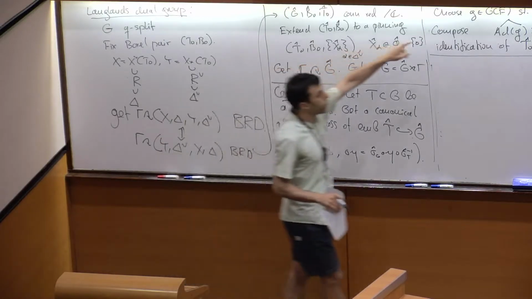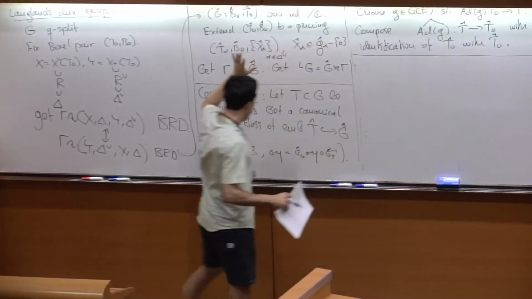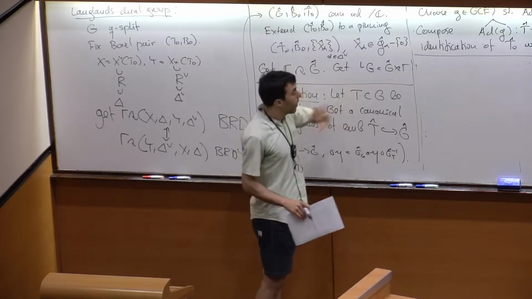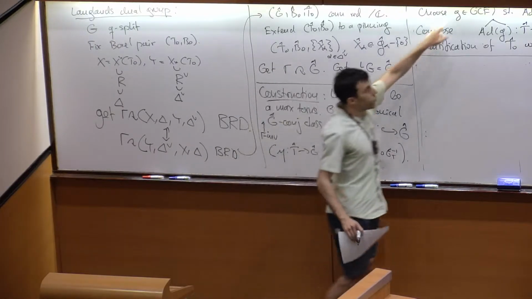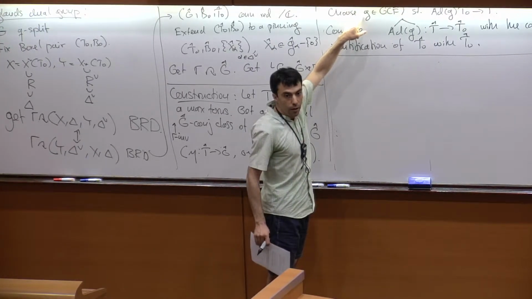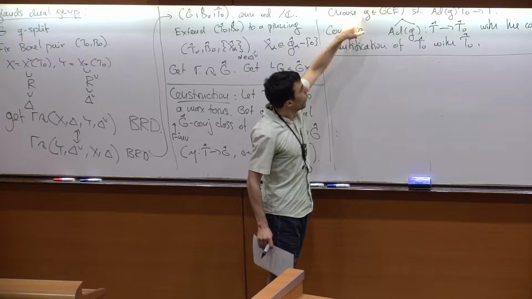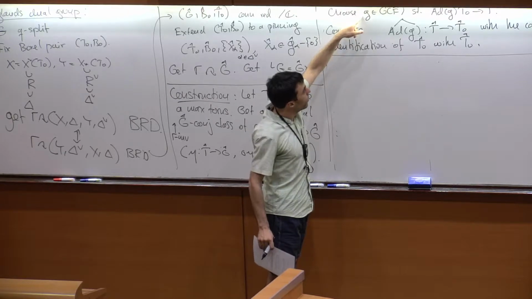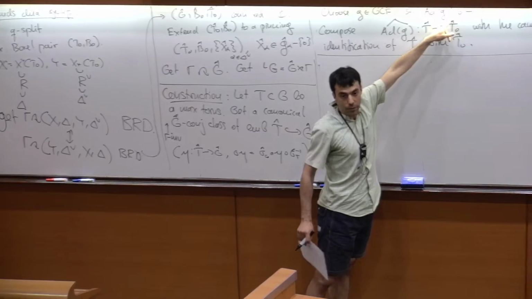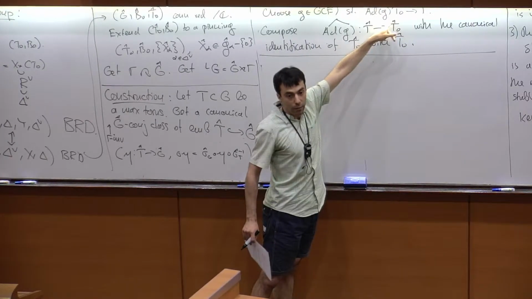First of all, everybody agrees that I did get an embedding of T hat into G hat, so that's good. Now, what did I use to do that? I chose a g. I can change my choice of g. How can I change it? Well, I can only change it by multiplying it on this side by an element of the normalizer of T0, in other words, by a Weyl element.